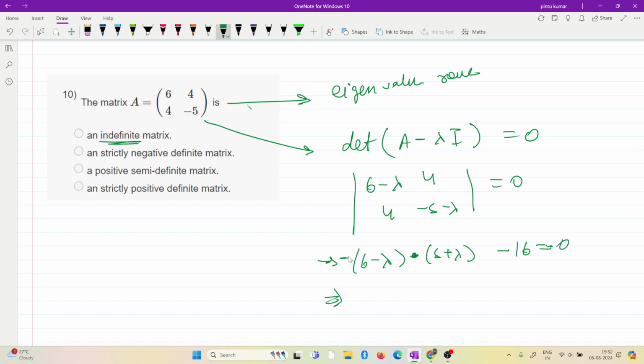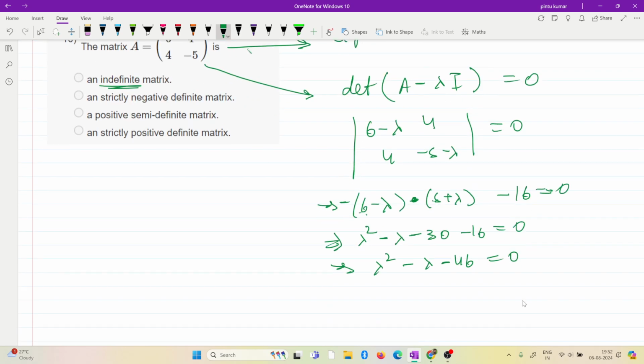So this is minus lambda square, with plus it becomes lambda square, minus 5 lambda plus 6 lambda. This is plus lambda becomes minus lambda, plus 30 becomes minus 30, minus 60. So lambda square plus minus 56. Do we have roots for this?